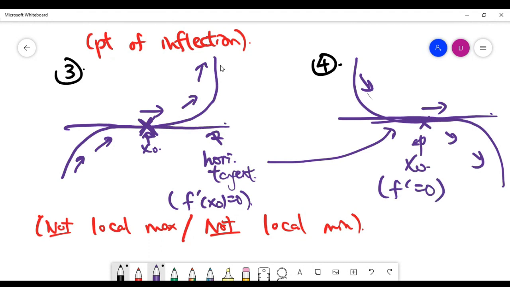F prime is 0, so we can call it a critical number. Once again, we cannot call it a local maximum or local minimum, because you're not changing direction, so we call this point a point of inflection again. These are the scenarios where x is a critical number such that the derivative at that particular point is 0.